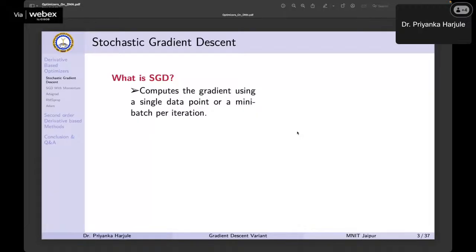So it is impractical to simultaneously run all these examples through the network to compute the gradient with respect to the entire data set in just one shot.